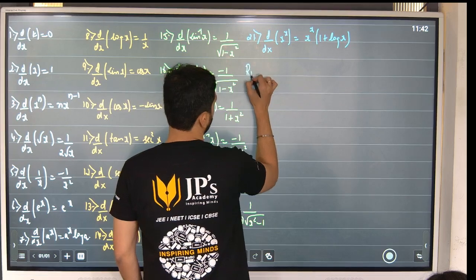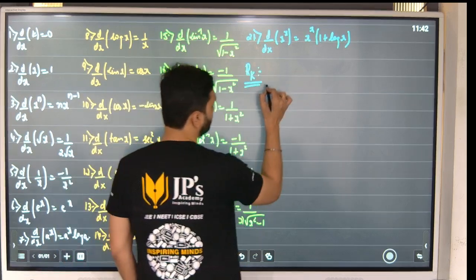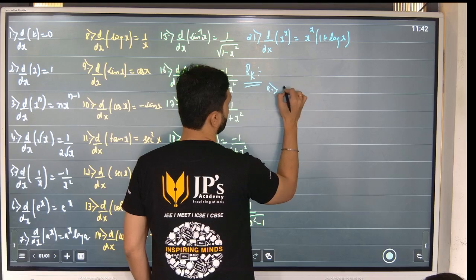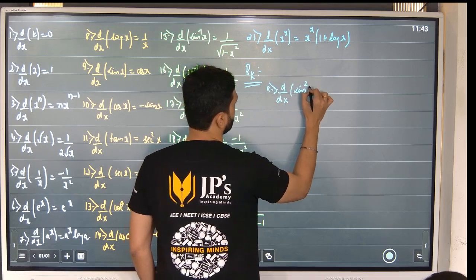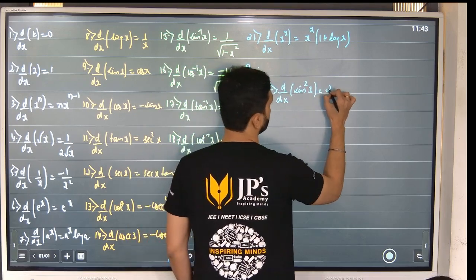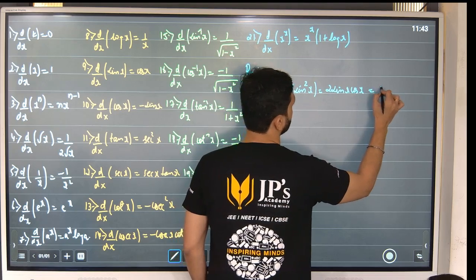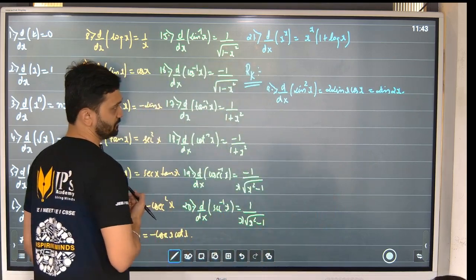Now, there are going to be two remarks. Okay, we treat them as formulas. dy/dx of sin square x is 2 sin x cos x, which is nothing but sin 2x.